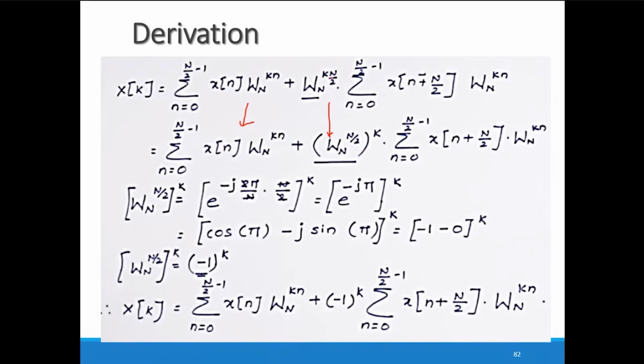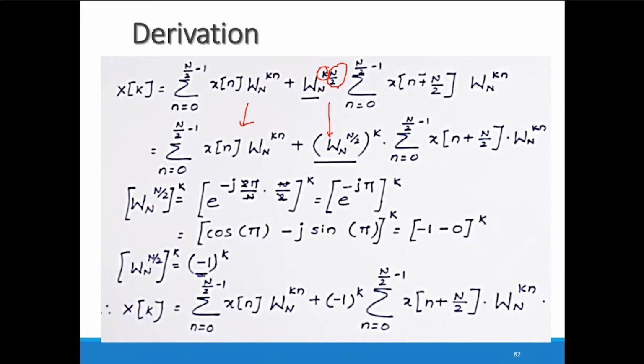Here two terms are there, k and n, and another is N by 2. So we can also write this as omega N raised to N by 2 into k.